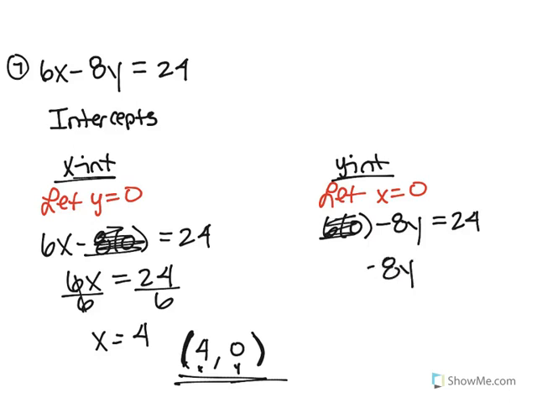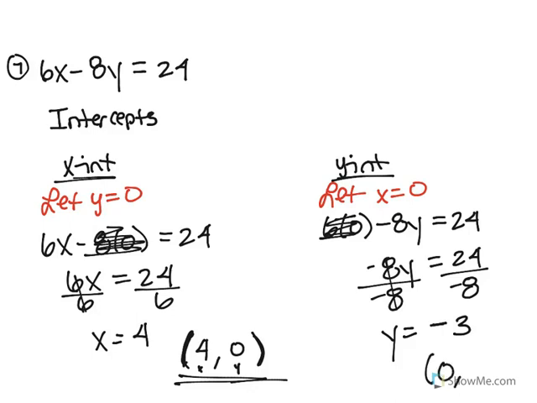So we got negative 8y equals 24. We divide both sides by negative 8. That way we have y equals negative 3. So if the y equals negative 3, that would give us the point 0, negative 3. And those will be your intercepts. X-intercept is 4, 0. Y-intercept is 0, negative 3.